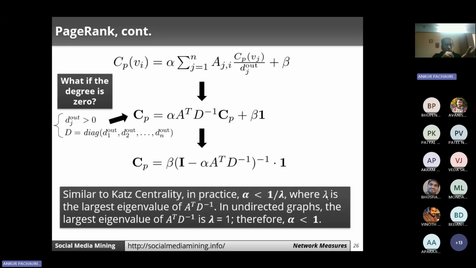But eigenvector centrality has an issue. In a directed graph, whenever we encounter a directed acyclic graph, the eigenvector centrality becomes 0, and that creates a problem for us.